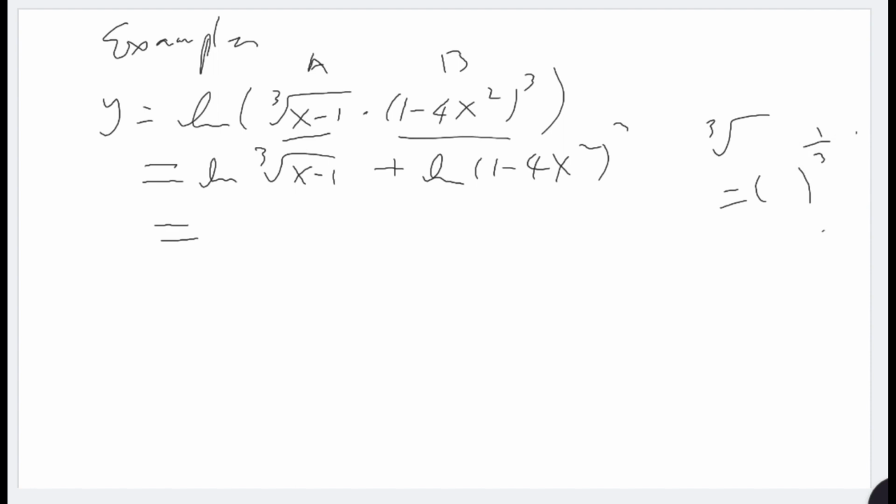So with this third property of log, we can move 1/3 to the front. At the same time, move the 3 down to the front.